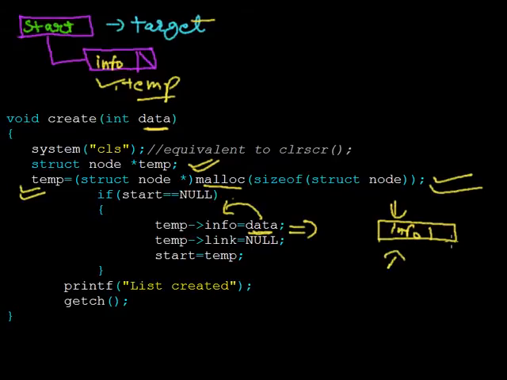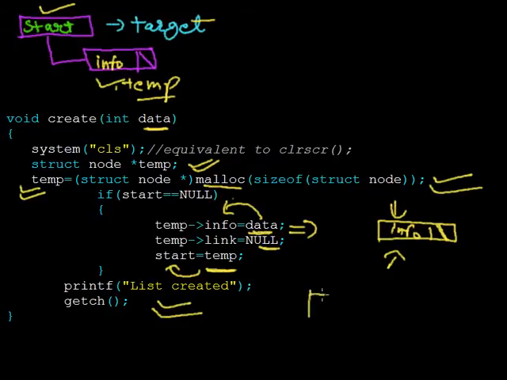The link will be overwritten by a value null, as this is the first and also the last node of the linked list, and we will copy the address of temp into the special pointer start, and we will print the message list created, and our function will exit.